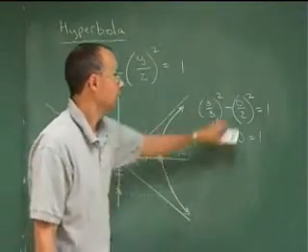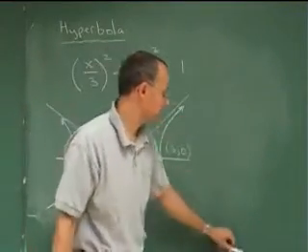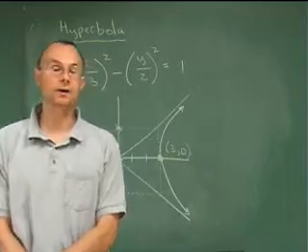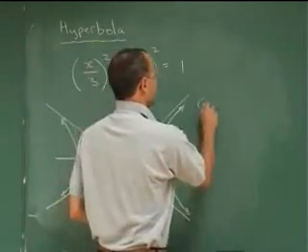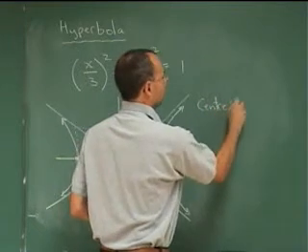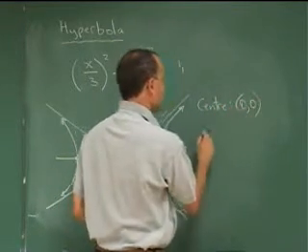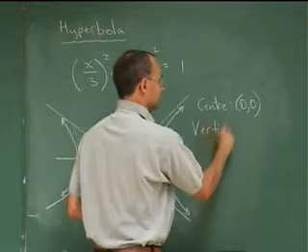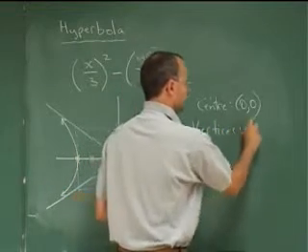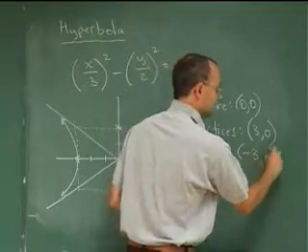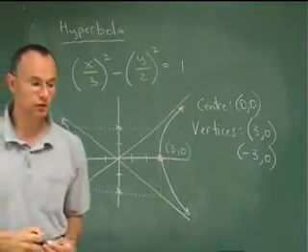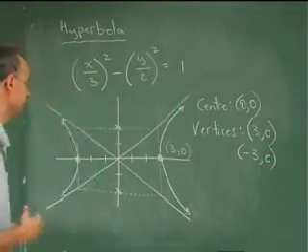Now I'm going to tell you a little bit of notation here, a little bit of vocabulary. We've identified that the center is at 0, 0. And we've identified the vertices. We said that one was at 3, 0, and the other one is at -3, 0. But there's also some other terms.